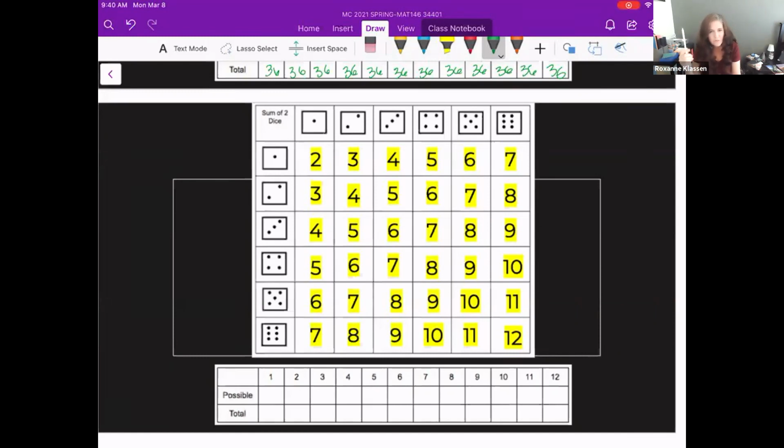What is our theoretical probability of getting a heads when I flip a coin? Anyone know? 50% or 1/2, right? Because there's one head out of two sides of the coin, or half of the time, 50% of the time, I should get heads.